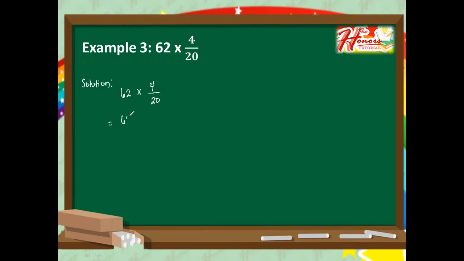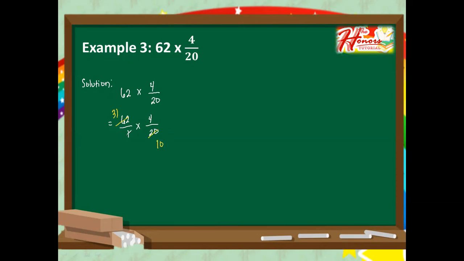So it will become 62 over 1 times 4 over 20. And then just think of a number that can divide 62 and 20 at the same time without remainder. We can use 2 here. So therefore 62 divided by 2, that's 31. 20 divided by 2, that's 10.